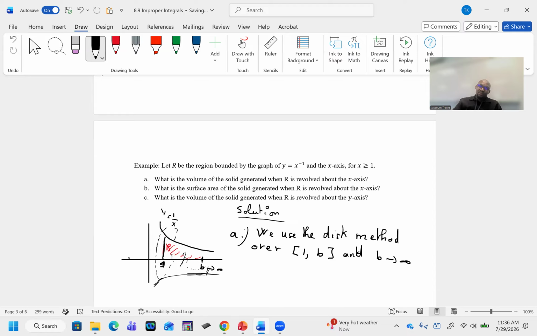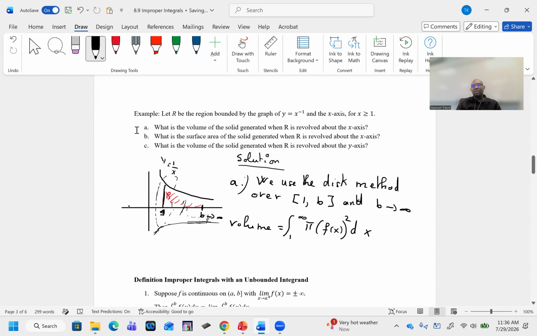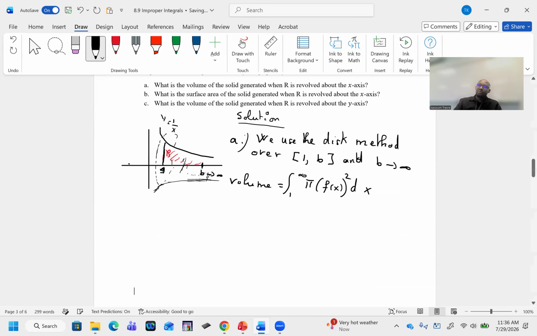So in this case, my volume will be equal to the integral from 1 to infinity of pi times f of x squared dx. This is the disk formula for the volume. And what is our f of x? 1 divided by x. So we'll have the integral from 1 to infinity.